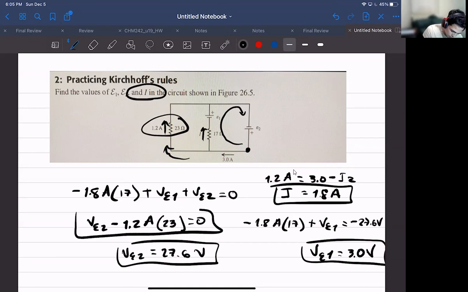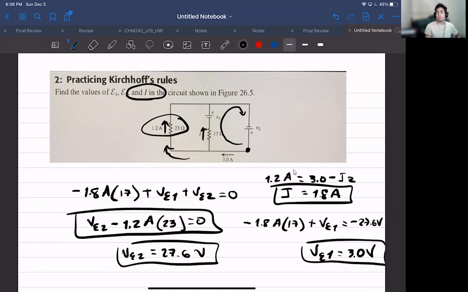So we can use this to find V2, which is 27.6. Then if we find the other one, V1, by using this equation, we get that E1 is 3.0 volts, right? And that will be the answer.